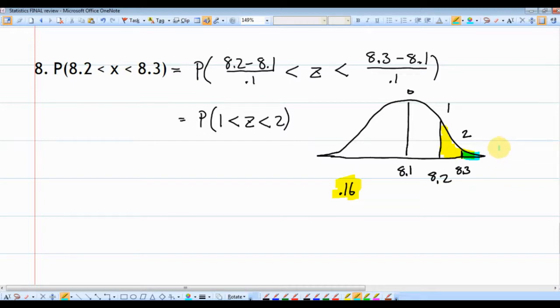Should be 0.025. You got 0.025 because you have 5% left for both sides, and then that's the 2.5% right there.